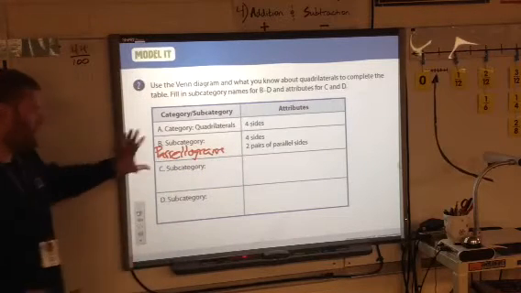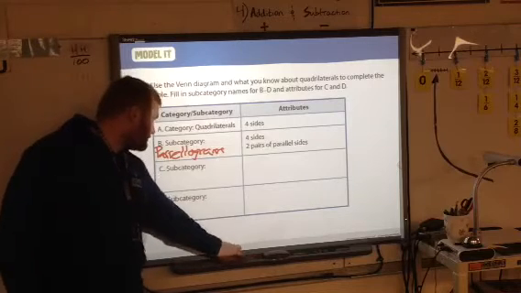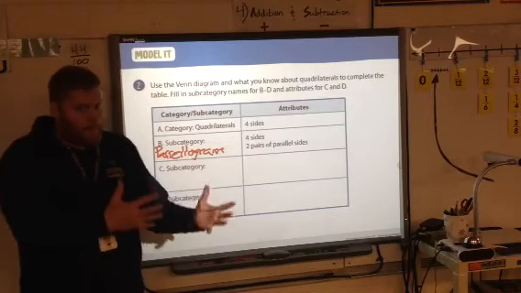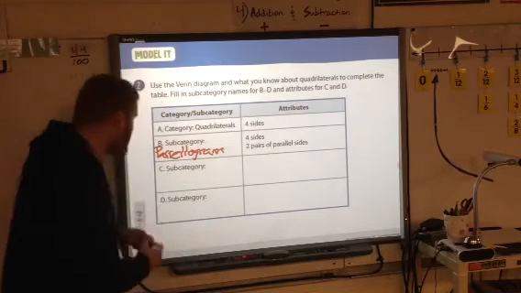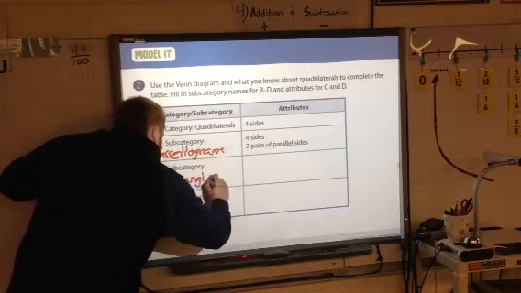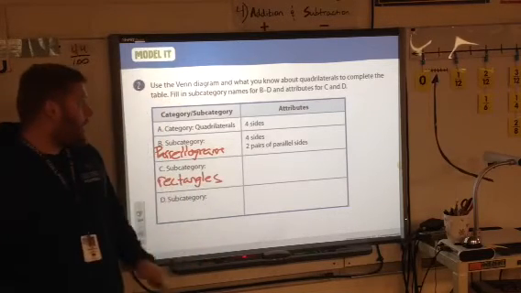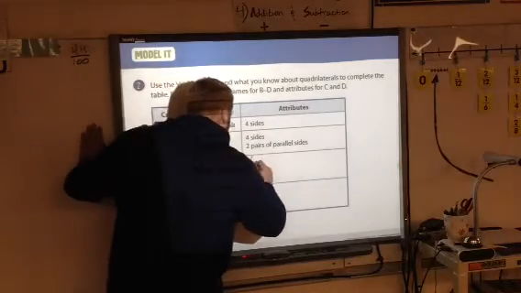Sorry for the bad penmanship. Sometimes these markers get a little tricky. Now, our next most specific subcategory from our Venn diagram would be rectangles. So in here I'm going to put rectangles. We know from our Venn diagram that it should share all of these qualities. So it has 4 sides.